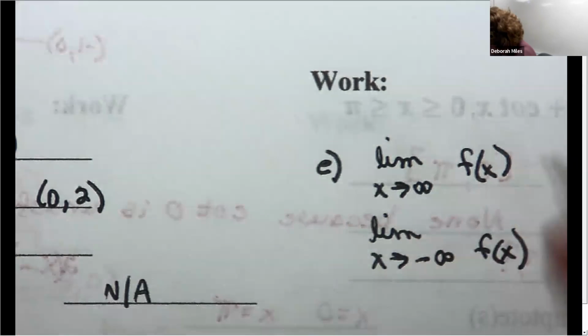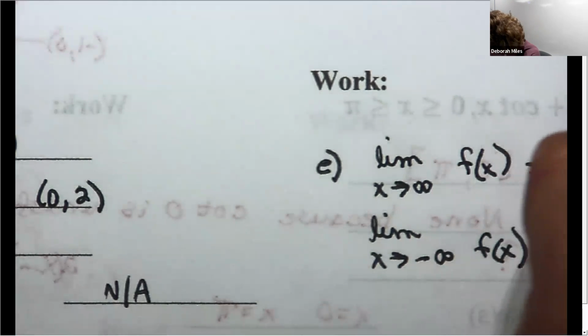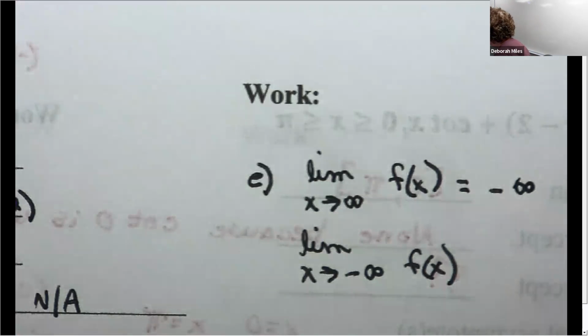What's the limit as x goes to infinity? Negative infinity. Your graph has no lower limit. As x goes to infinity, your y is going to keep getting increasingly negative. What about as x goes to negative infinity?